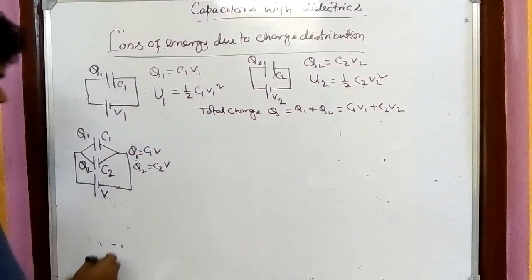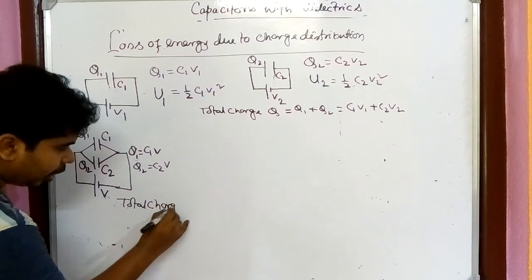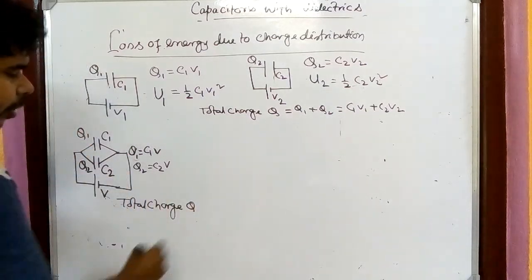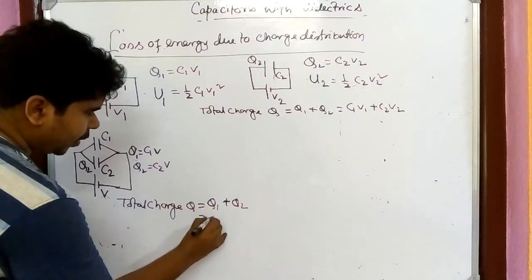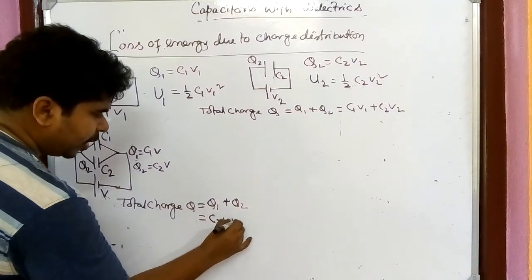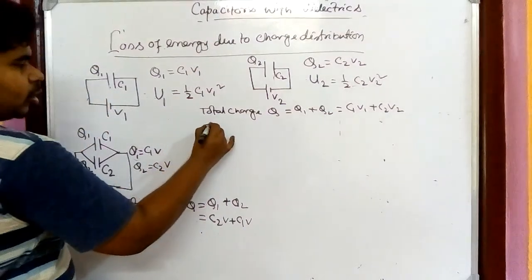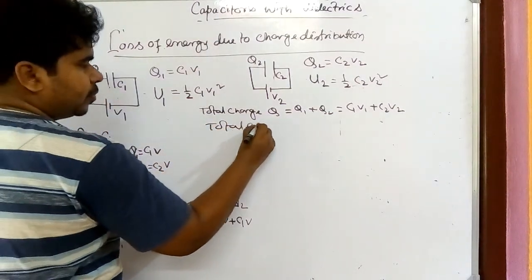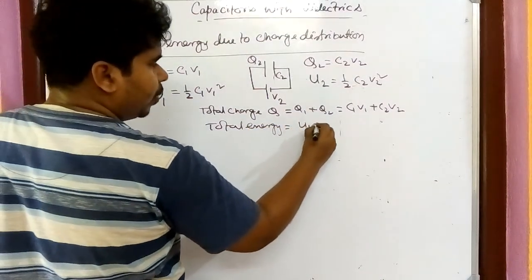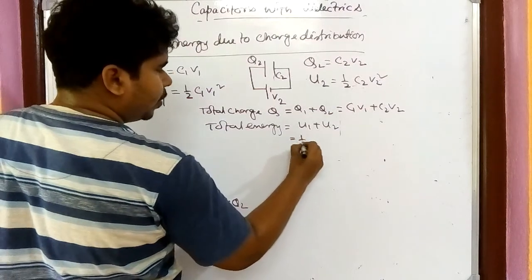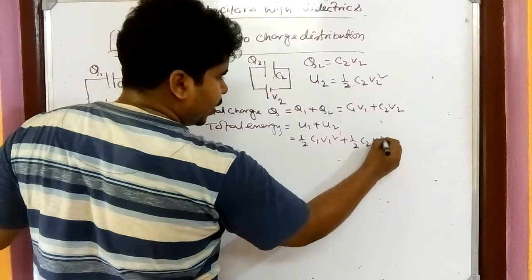And here, if I find the total charge, Q equals Q1 plus Q2, and it is C1 into V plus C2 into V. If I am telling the total energy, that is U1 plus U2, that is half C1 V1 square plus half C2 V2 square.